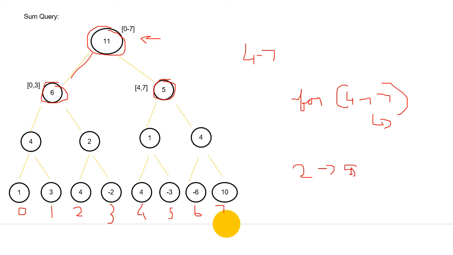So what we can do here is that we can use this node which has the sum of elements from the second index and the third index, and we can use this node which has the sum of elements in the fourth index and the fifth index, and we can just add these to get our query.